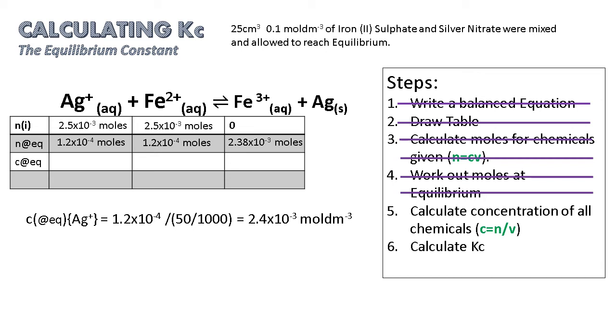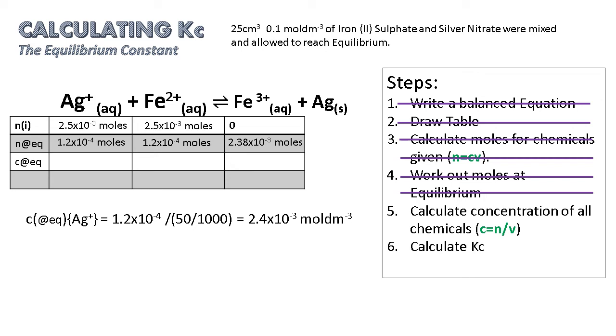The reason we use 50 cm³ instead of 25 is because in the reaction vessel we have 25 cm³ of iron sulfate and 25 cm³ of silver nitrate, therefore 50 cm³.